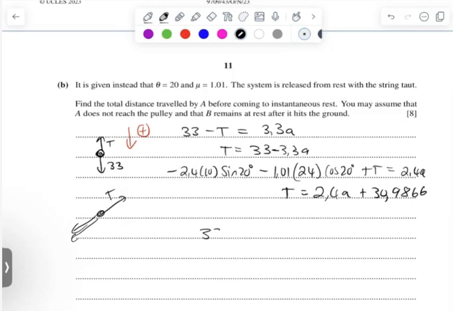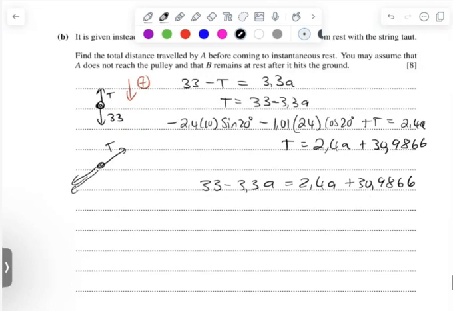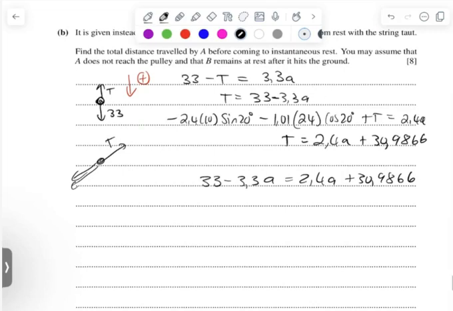I'm just going to keep my significant figures at the moment, and what I'm going to do is equate these to each other. So 3.3 plus 2.4 is 5.7a, and that is 33 minus 30.9866, which is 2.0134.